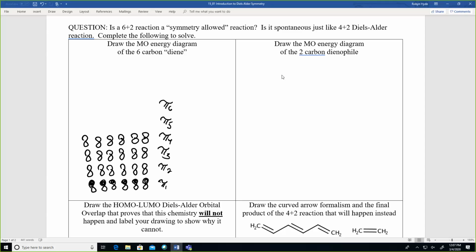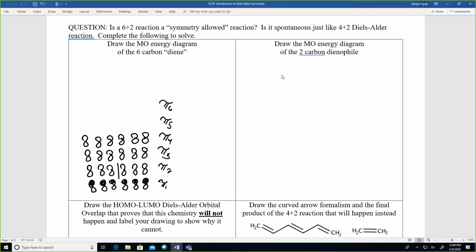We have all of these waves overlapping constructively. Okay, that's pi1. So what is different about pi2 in your drawing? Yep, it has one node, and where? Yep, in the middle, always in a place of symmetry.